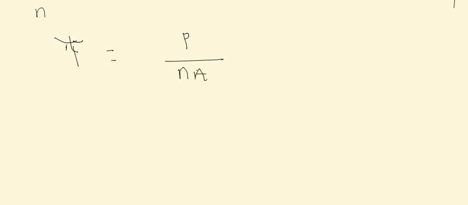This nA is what we call the shearing area. These shear stresses are found in bolts, pins, rivets, etc., which connect various structural members and machine components. So this is the shear stress.